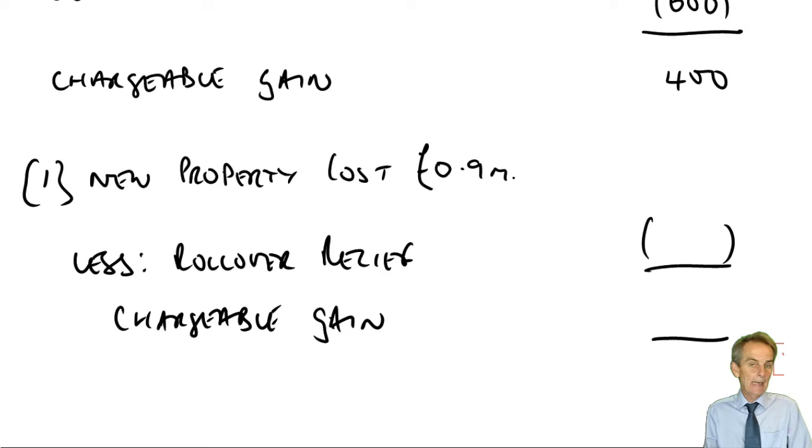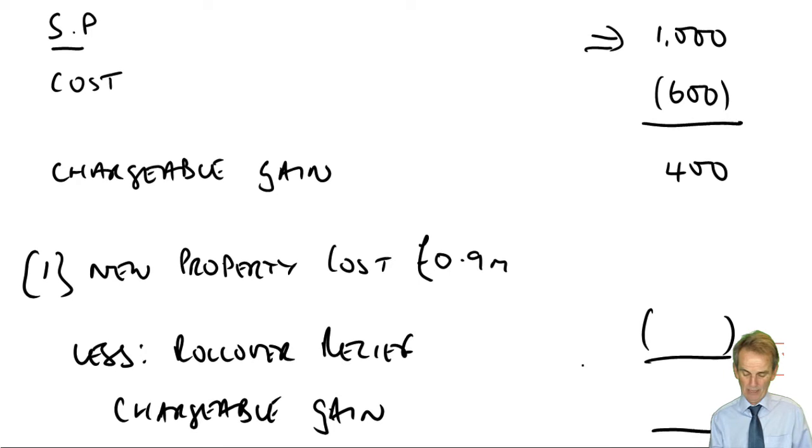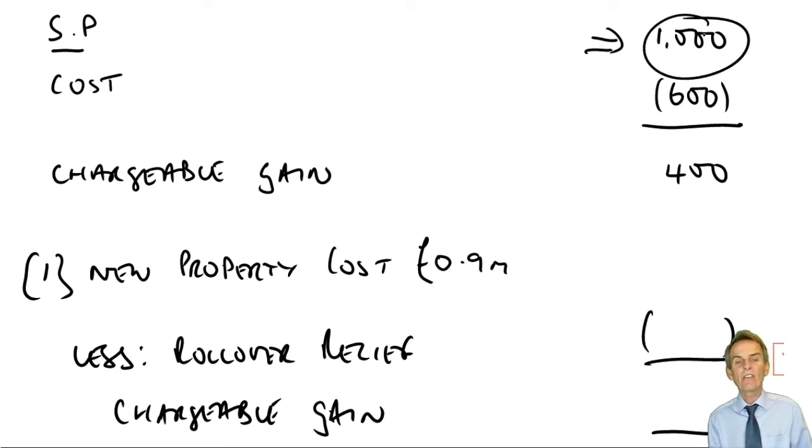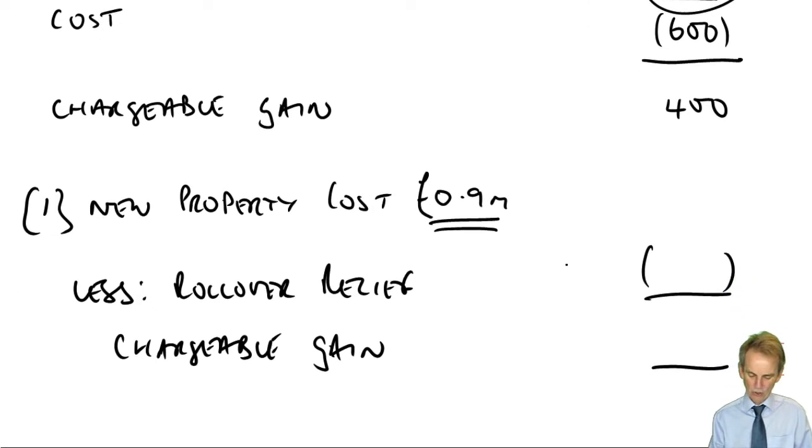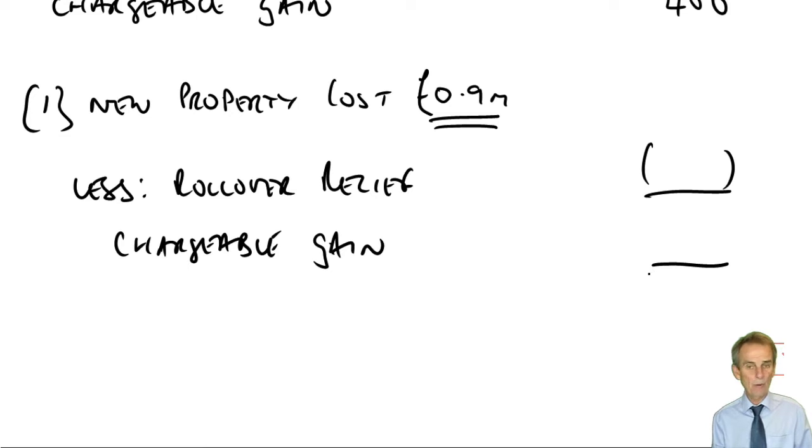Now again, we checked qualifying business assets, reinvestment within the relevant time scale, but we haven't reinvested all of the proceeds. So what we're saying is that any amount of the proceeds of £1 million that we fail to reinvest, that amount of the gain will remain chargeable. If you've got the cash available, you sold for 1 million, you bought for only £900,000, then how much of this gain of 400 will remain chargeable?